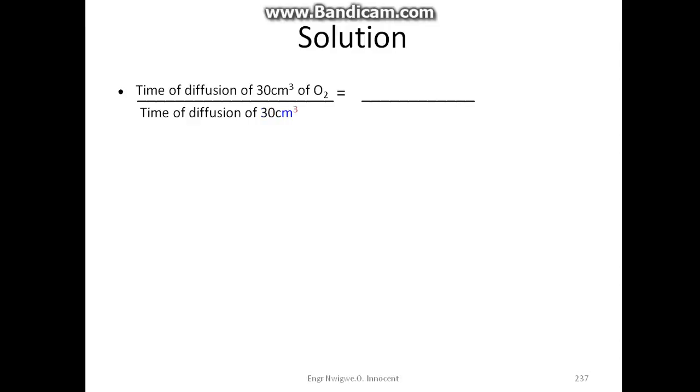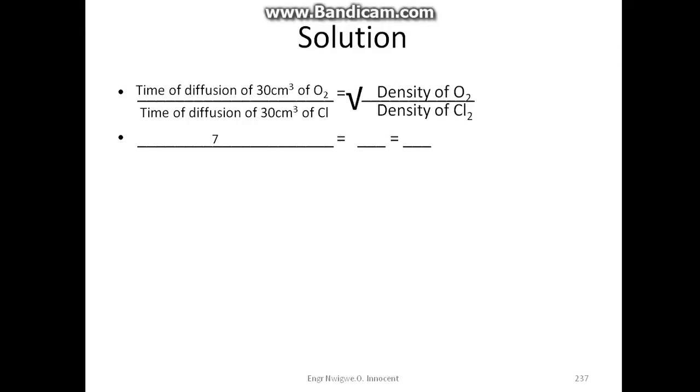Solution: time of diffusion of 30 cm³ of oxygen divided by time of diffusion of 30 cm³ of chlorine is equal to the square root of density of oxygen over density of chlorine. 7 divided by time of diffusion of 30 cm³ of chlorine is equal to the square root of 16 over 36, which is equal to 4 over 6.